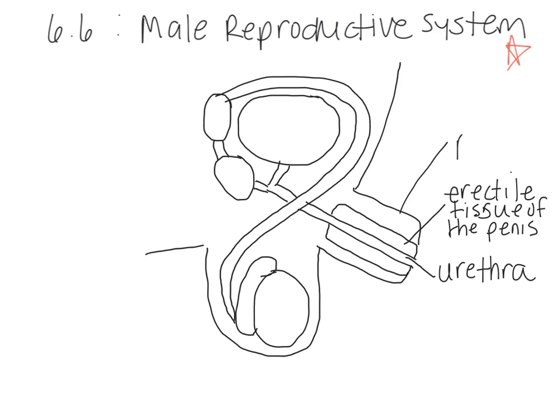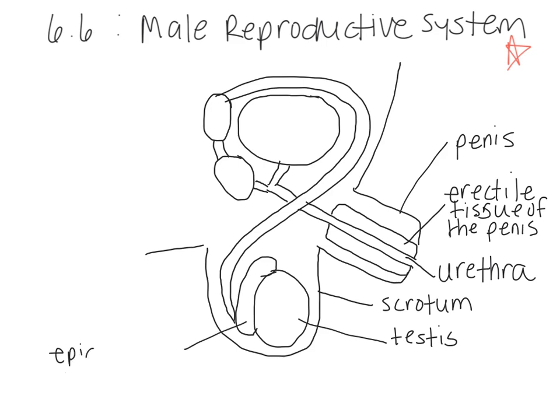Then we have the penis itself. The skin covering the testicles is called the scrotum, followed by the testis. That's singular; testes would be plural. This is, again, where the sperm is produced.